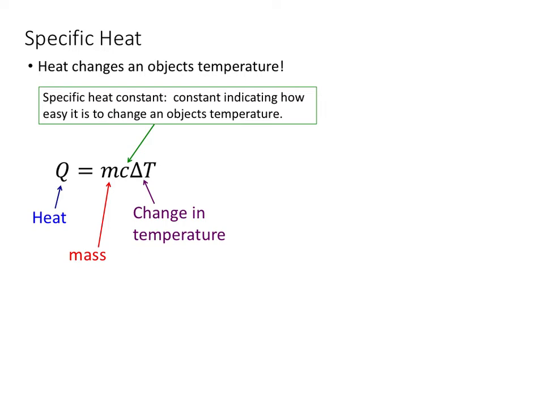And specifically the amount of heat energy required to change the temperature of 1 kilogram of an object by 1 degree Celsius. And so for physicists, the unit of specific heat is joules per kilogram degree Celsius. So it's the amount of energy required to change 1 kilogram of a substance by 1 degree Celsius.